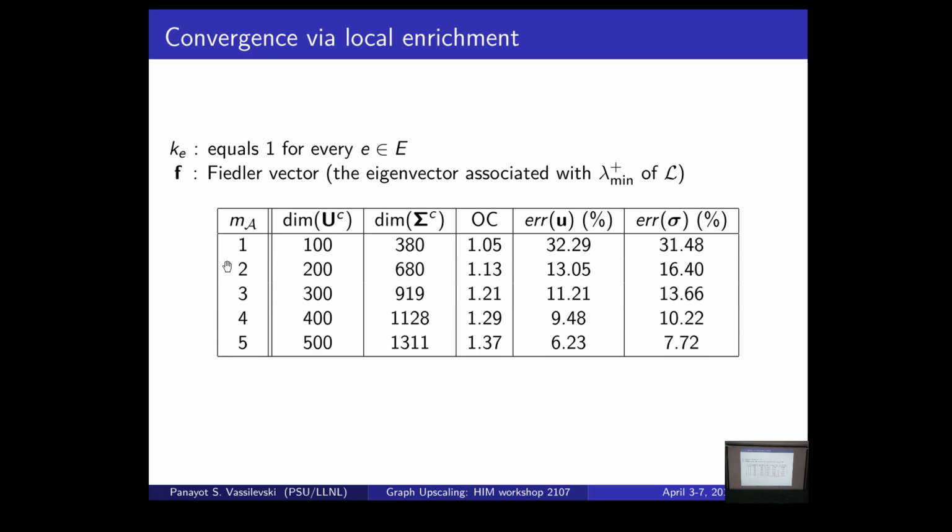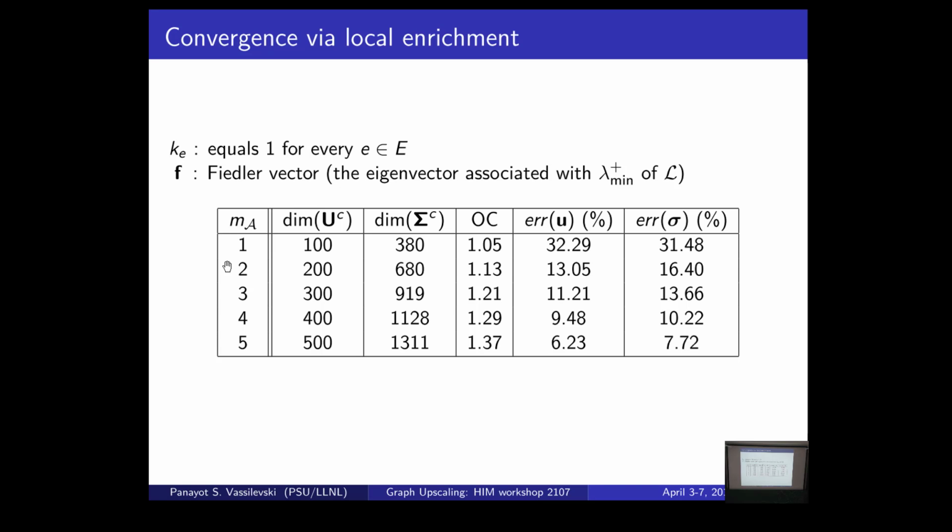Operator complexity is the number of non-zeros of the original problem plus the number of non-zeros of the coarse problem, divided by the number of non-zeros of the fine problem. So it is 1 plus something. If that something is less than 1, we are good. So we require 37% memory of the original problem, for example, in this case.